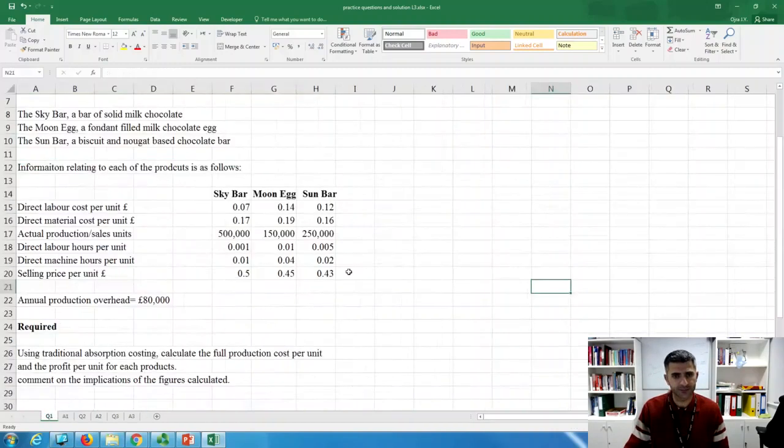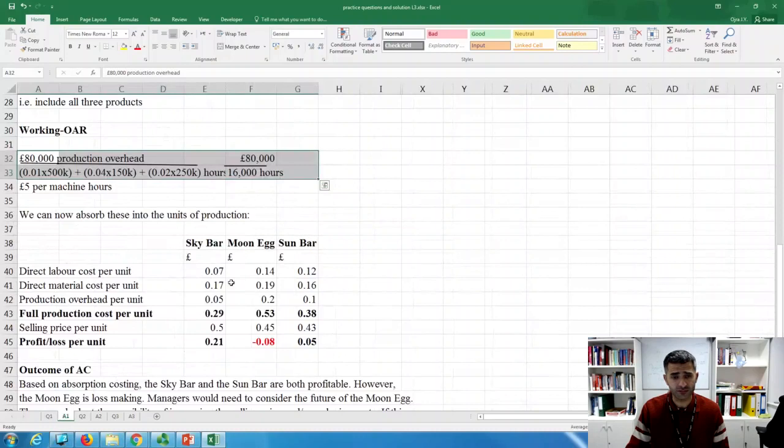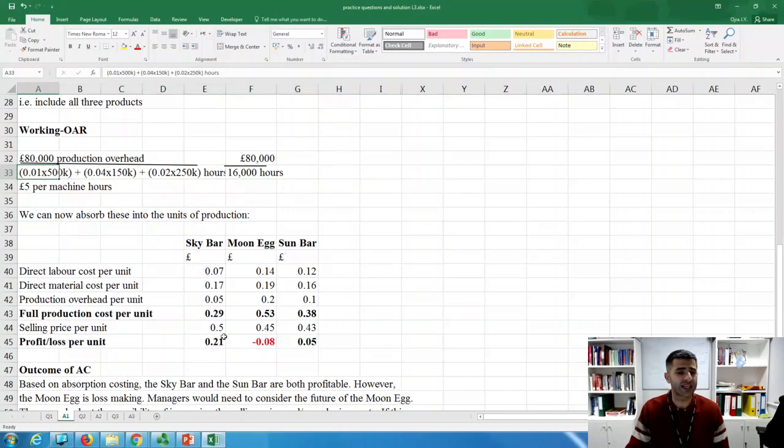Direct machine hour per unit, we have 0.01. If you multiply it by the number of units available for Sky, 500,000 units, that comes to 5,000 machine hours.